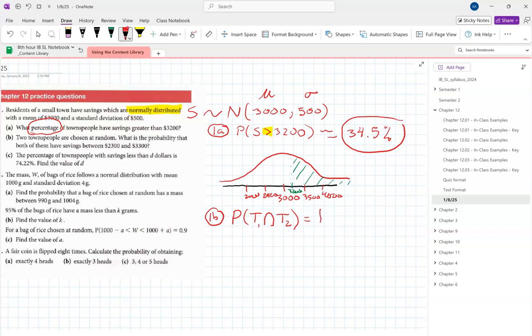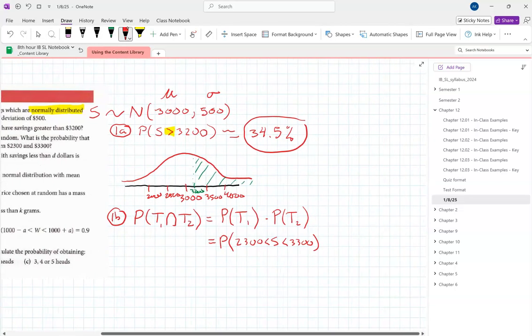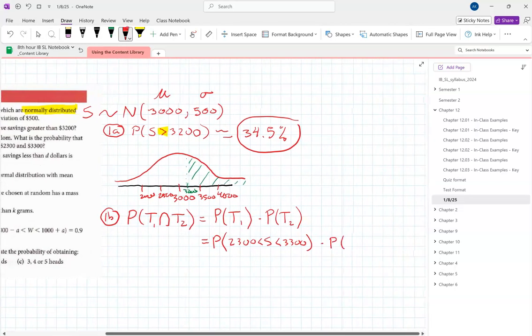It means I can multiply. So townsperson 1 needs to have savings between 2,300 and 3,300, times townsperson 2.